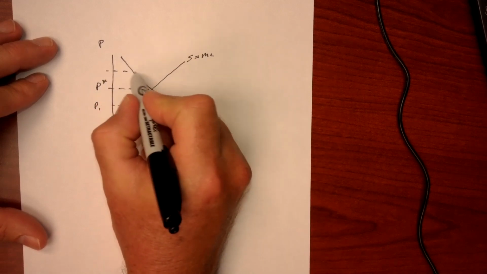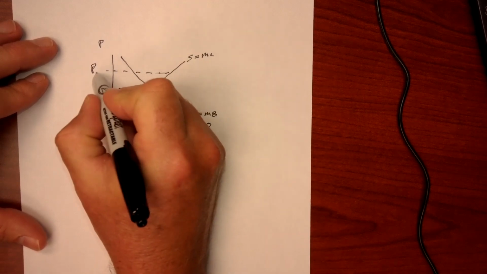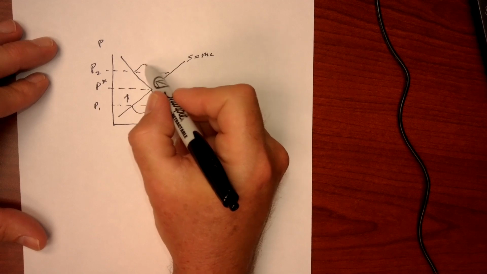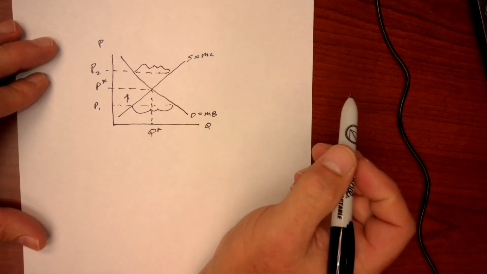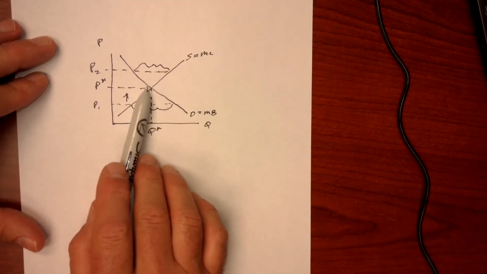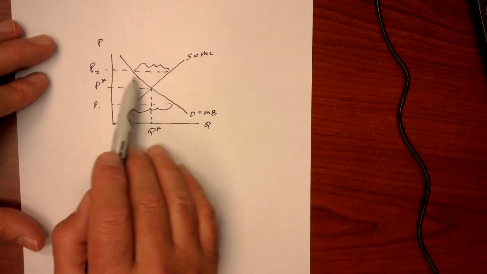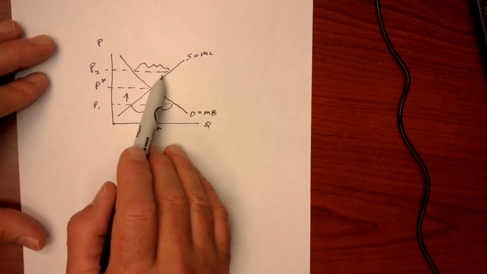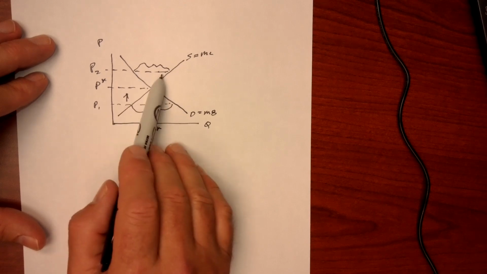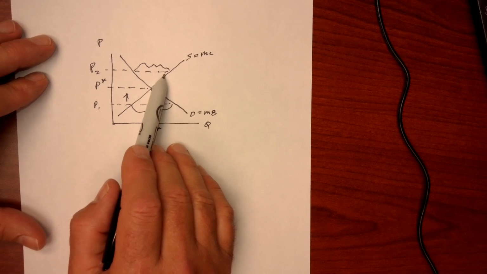If prices are really high, though, we get a surplus of the product. Okay, that's surplus there. Well, this is also inefficient because a surplus means product's going to go bad as it sits on the shelf. Furthermore, inventories cost money. Why would a firm want to have an inventory if they don't have to?